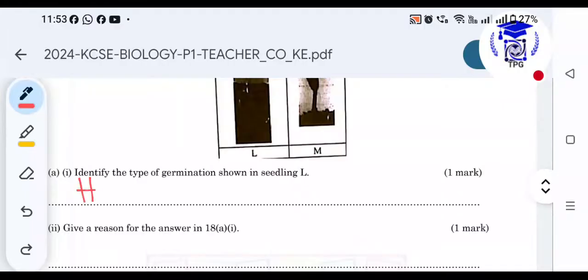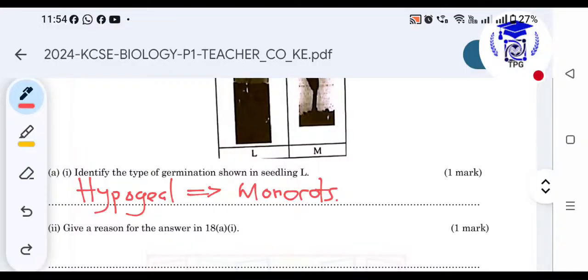This is in growth and development. This one occurs in monocots. Haya, tusonge. Roman 2, give a reason for your answer in A above.